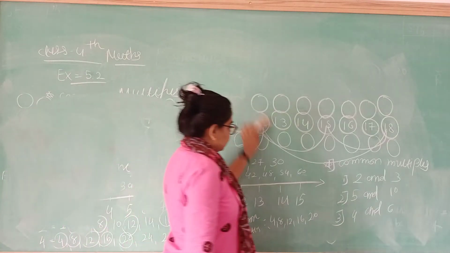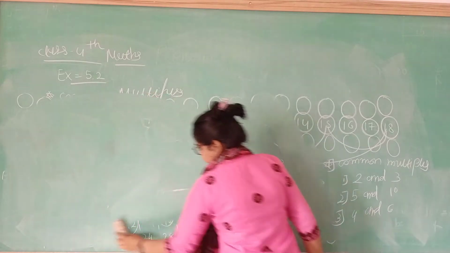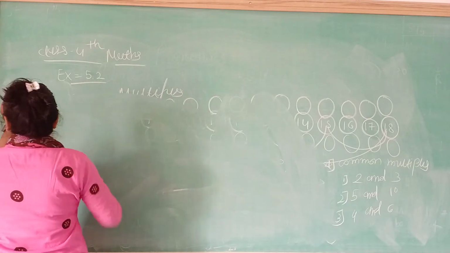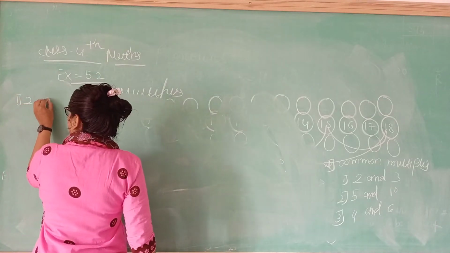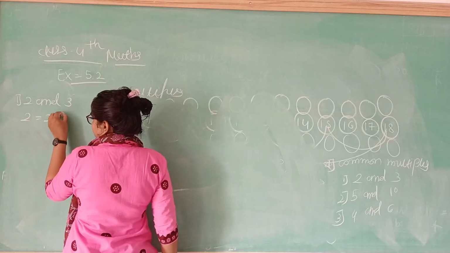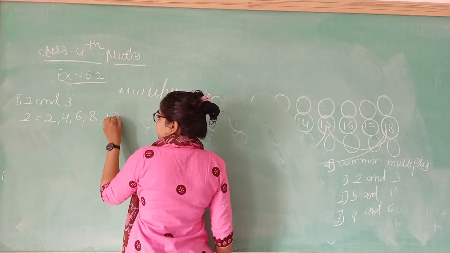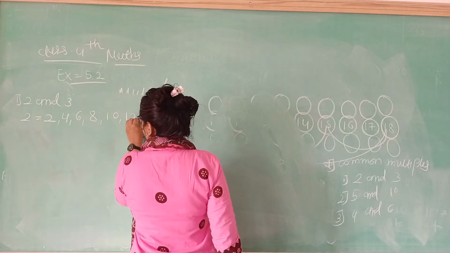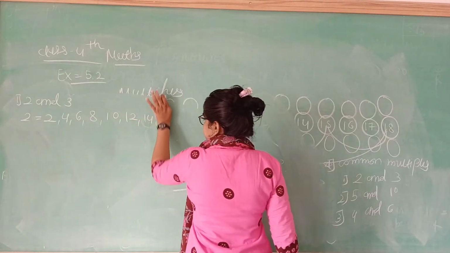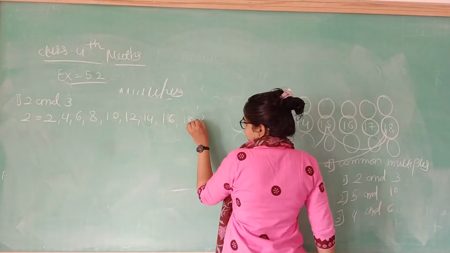So first is 2 and 3. First write down the 2 table: 2 ones are 2, 2 twos are 4, 2 threes are 6, 2 fours are 8, 2 fives are 10, 2 sixes are 12, 2 sevens are 14, 2 eights are 16, 2 nines are 18, and 2 tens are 20.